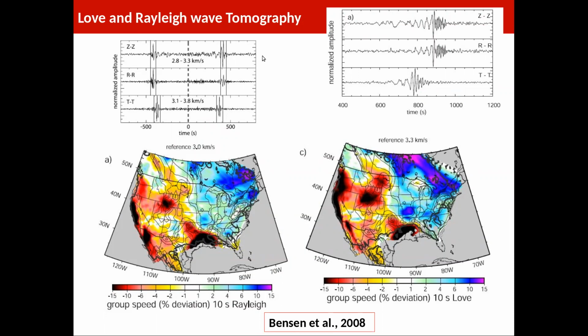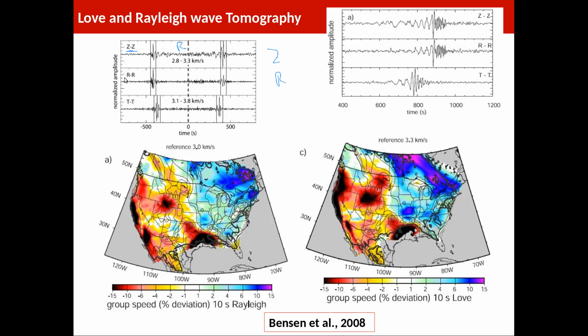So the technique is, if you remember, the Rayleigh waves occur on the Z and the radial components, whilst the Love wave occurs on the transverse components. So if we do the cross correlation between the two Z components of the two stations, then what we retrieve here is the Rayleigh wave signal.